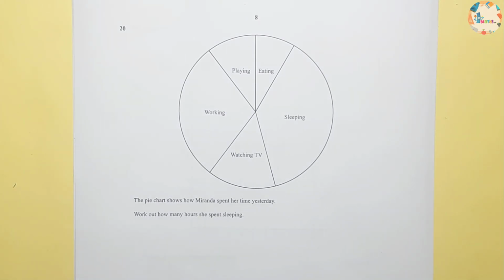Then comes question number 20. A pie chart is given. The pie chart shows how Miranda spent her time yesterday. Work out how many hours she spent sleeping. So you will have to check the measurements of the pie chart.